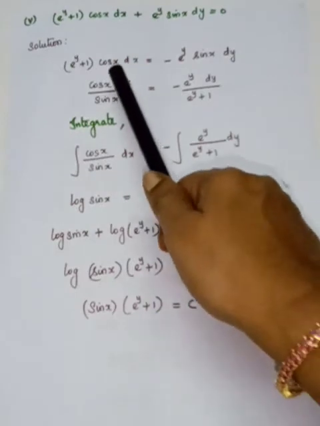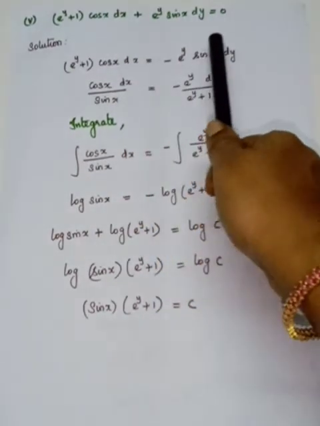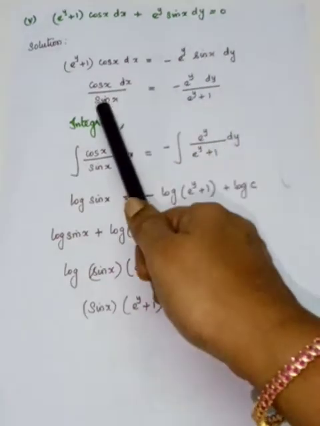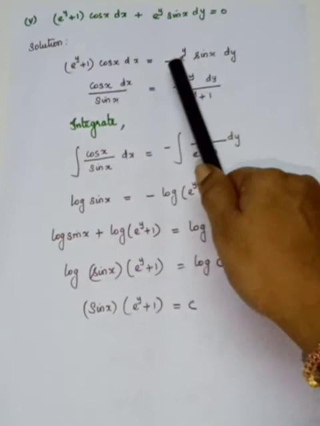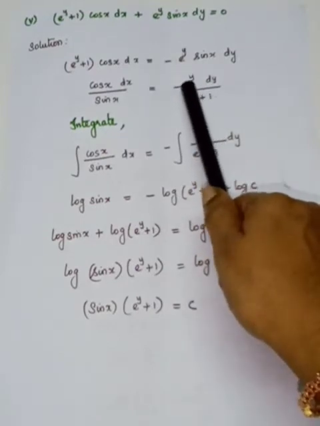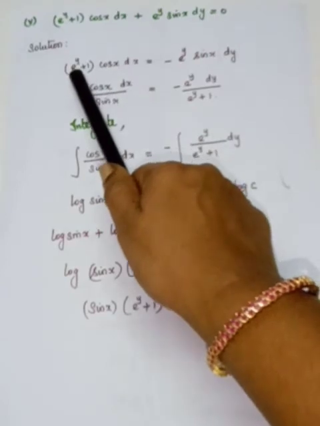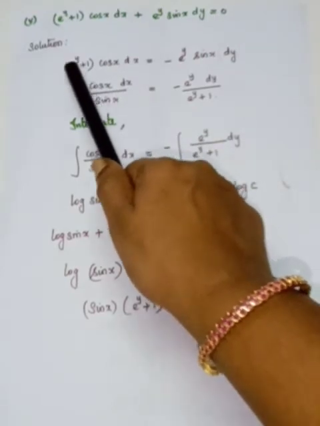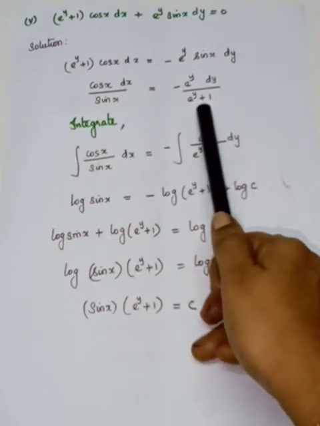So here cos x dx. What is the x term here? Sin x. So bring the sin x to the denominator. Here minus e power y dy, and bring the y term, that is e power y plus 1, to the right hand side.